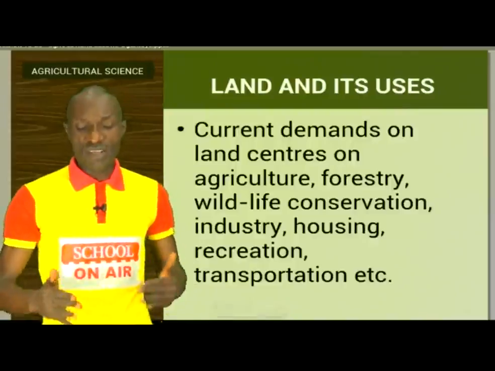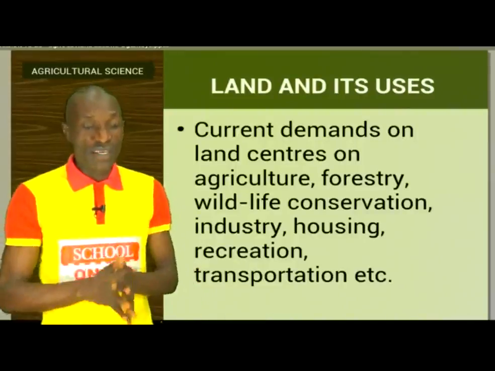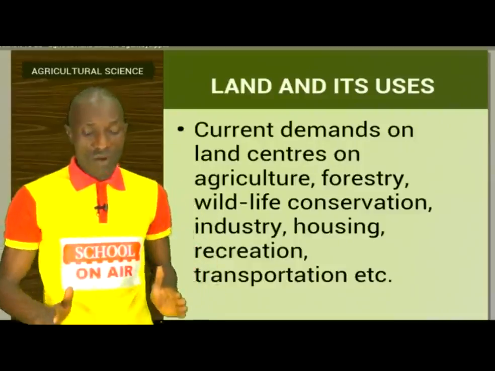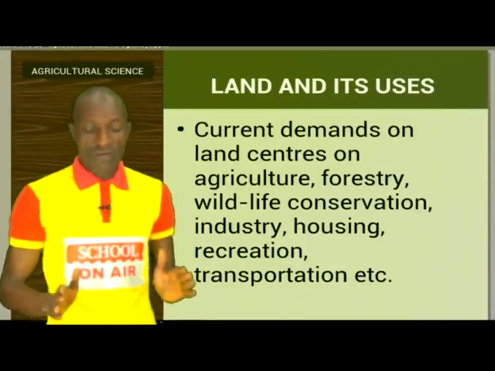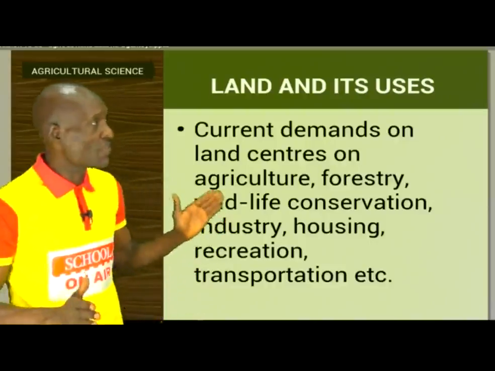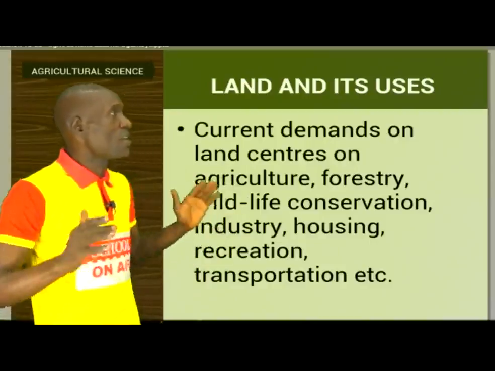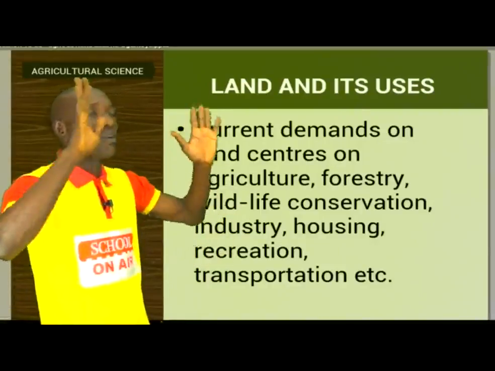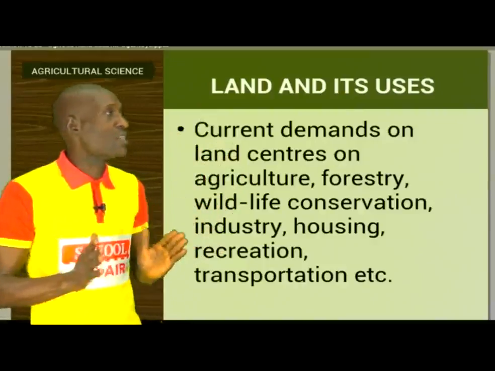The current demands on land center on agriculture, forestry, wildlife conservation, industry, housing, recreation, transportation, etc. What we mean by this is that presently in the world, the current demands on land center on agriculture, because the better part of the land is being used for agricultural activities.